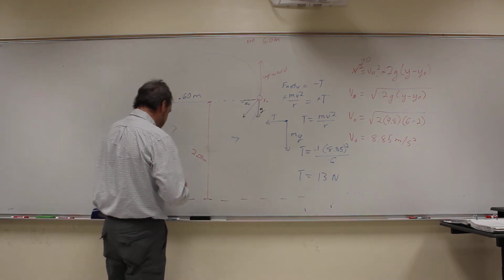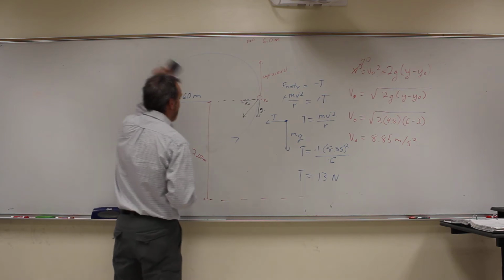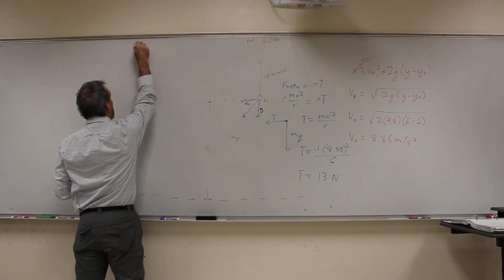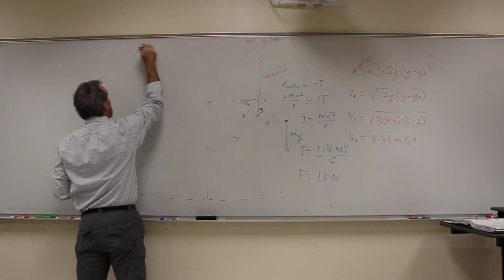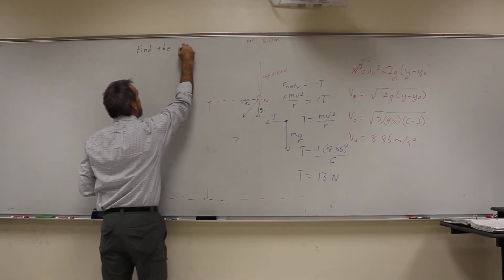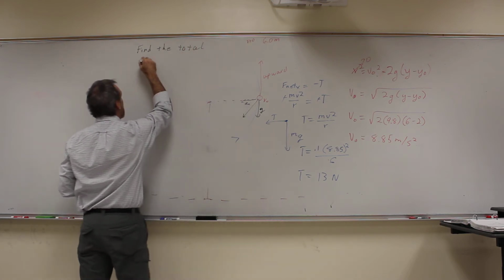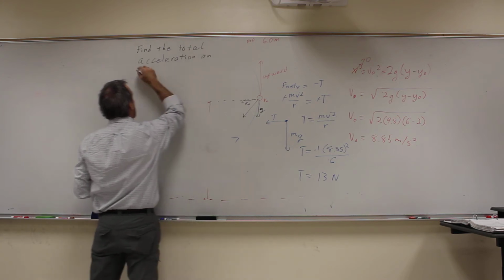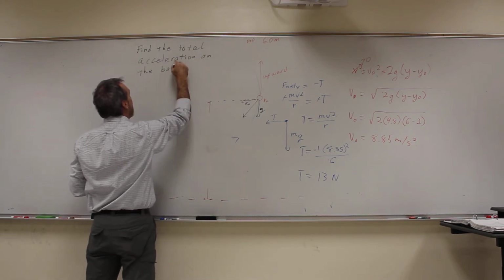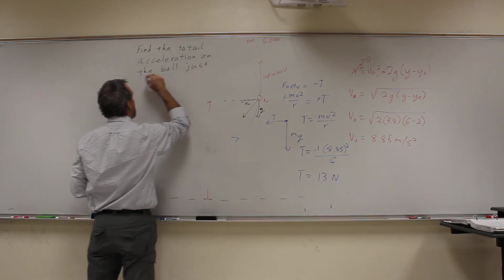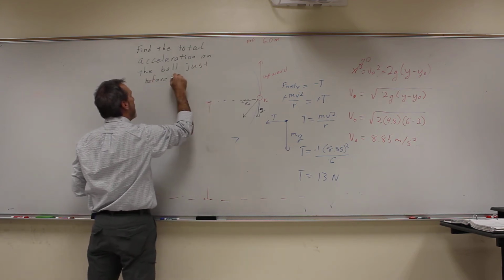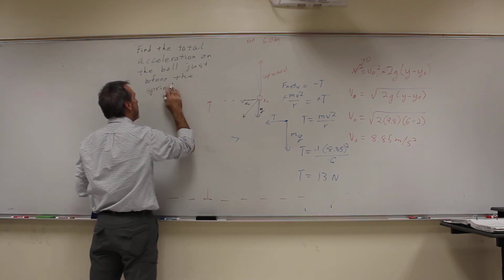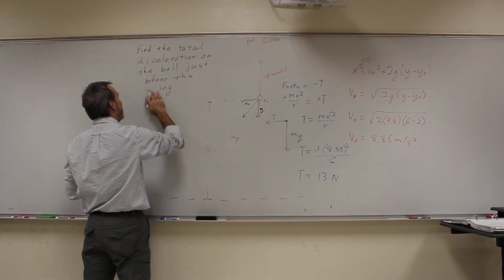Our second part of this, which is not in the book, but I want you to solve anyway, is find the total acceleration on the ball just before the string breaks.